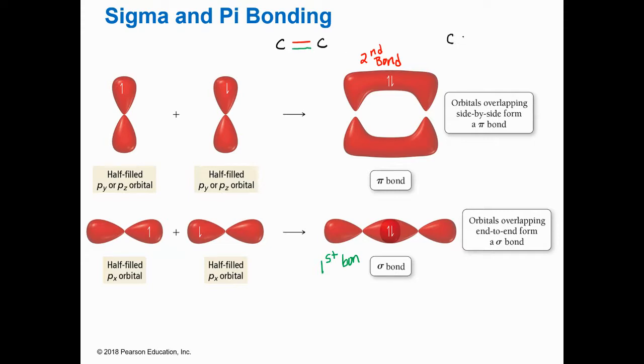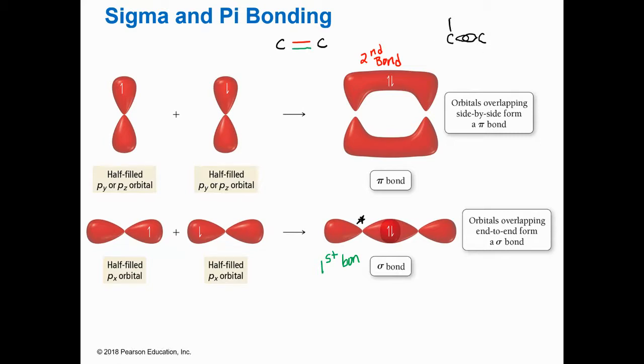So if I have 2 carbons, this first one down here is going to be this overlapping of the 2 electrons that are in the s orbital.